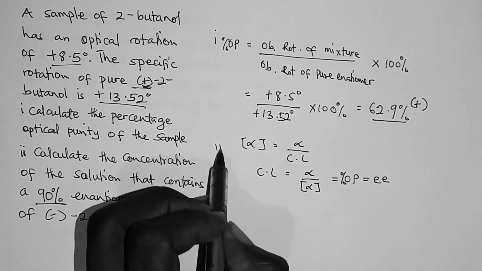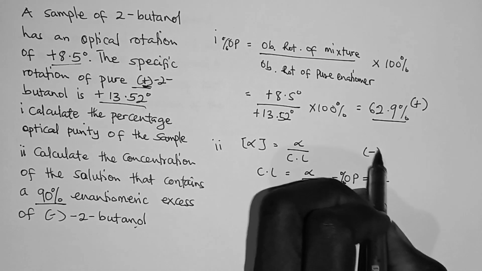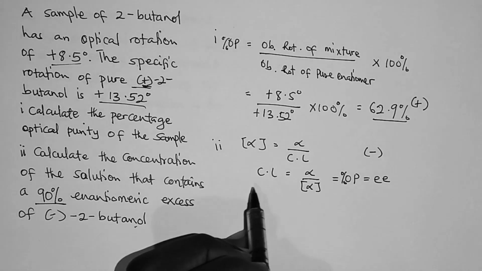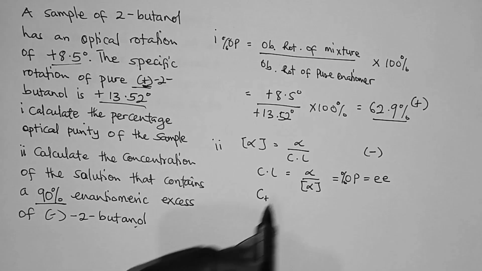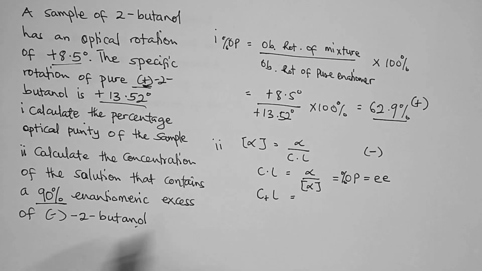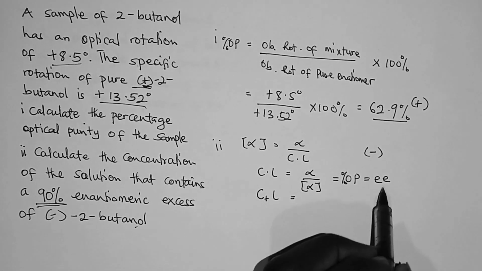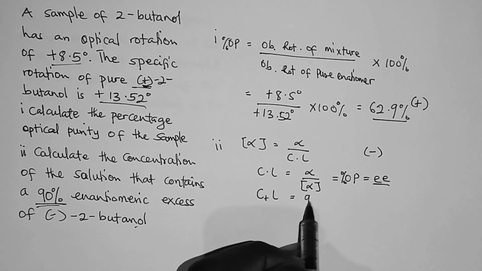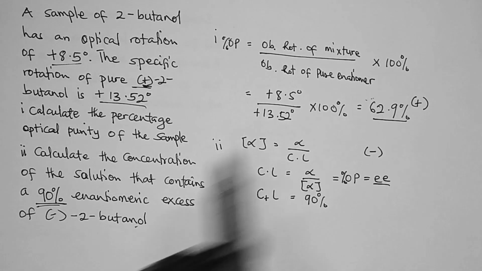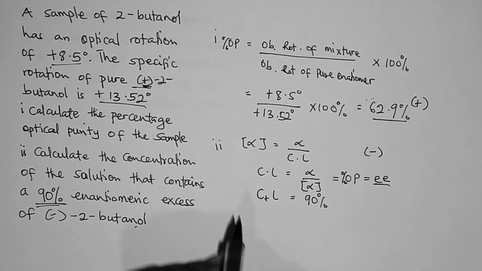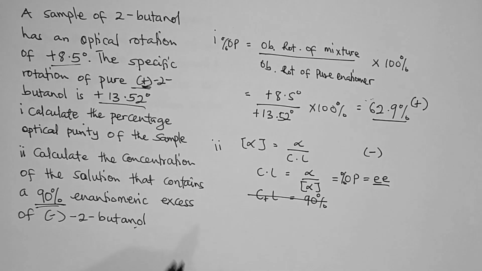And in the second part, which is II, we are going to calculate for the minus enantiomer. So this implies that the concentration of the plus enantiomer times the path length is equal to, it was 90% enantiomeric excess, so it's equal to 90%. And in this instance, this is the minus.